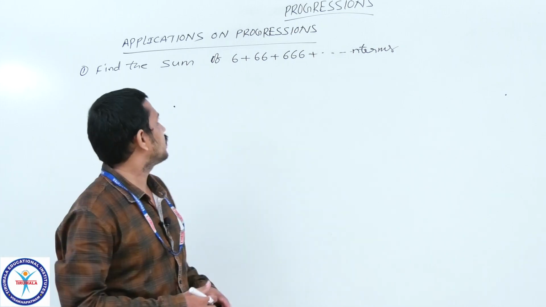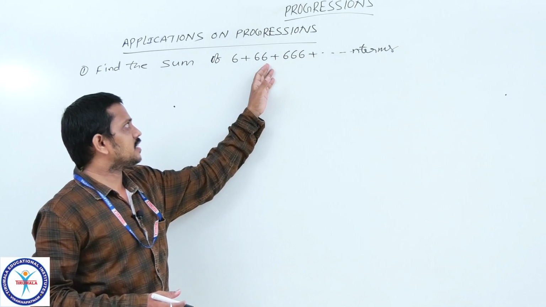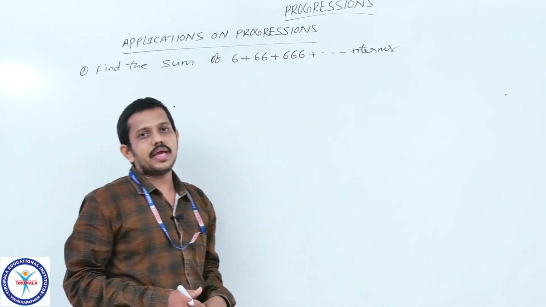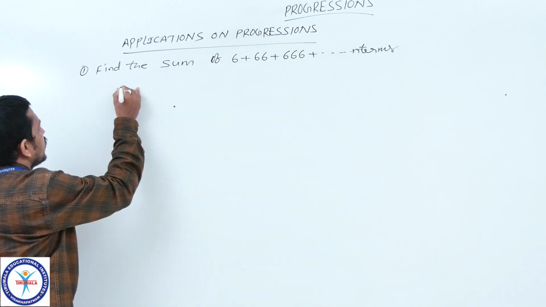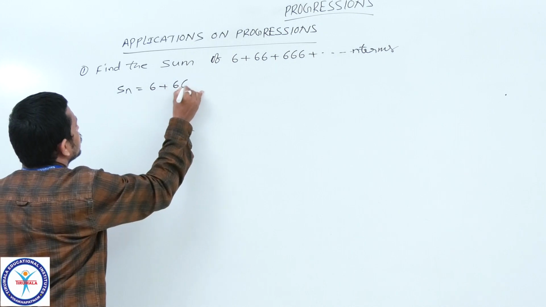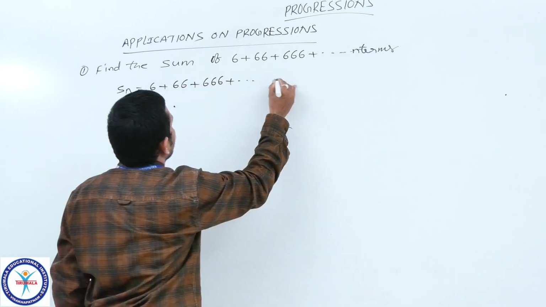So the first one is: find the sum of 6 plus 66 plus 666 plus and so on up to n terms. Let us consider Sn is equal to 6 plus 66 plus 666 plus and so on n terms.